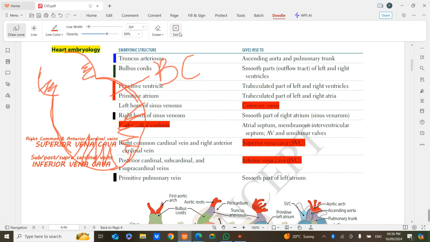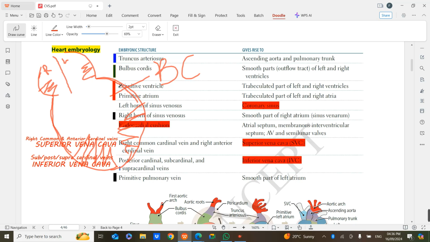The next place where you may want to do a little assignment is with respect to the smooth part of the atria. This is the left atrium. Where is the smooth part of the left atrium coming from? Primitive pulmonary vein. First of all, you were mentioning rough, linking it to primitive.